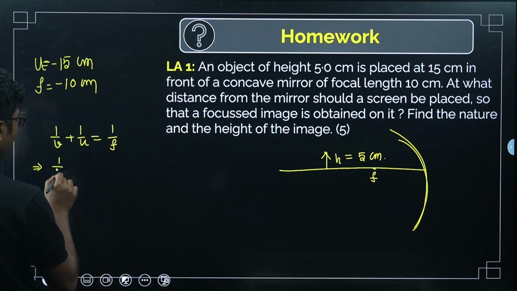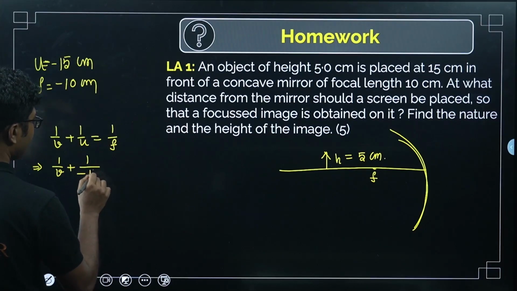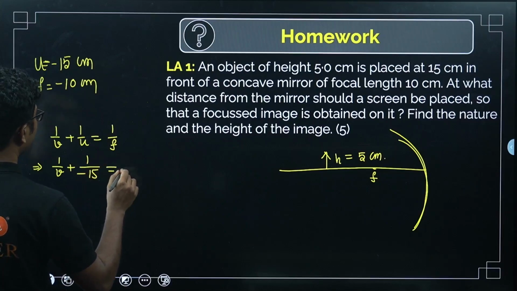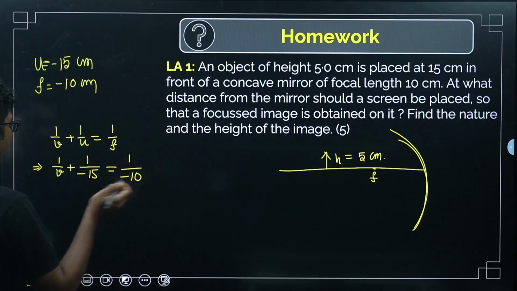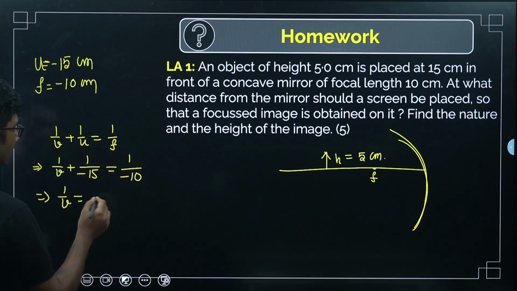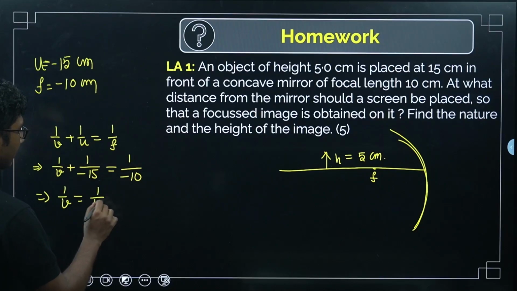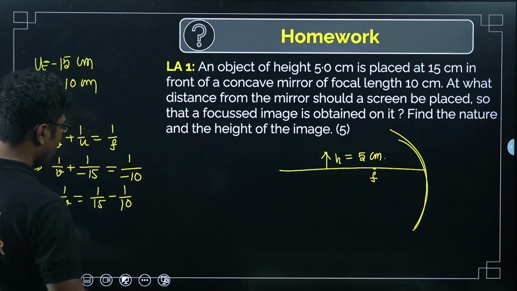We don't know, obviously. What is 1 by U? U is minus 15, and F is minus 10. Now calculate 1 by V. This will go to the other side, so it will become 1 by 15, and this will become minus 1 by 10. Now solve this.